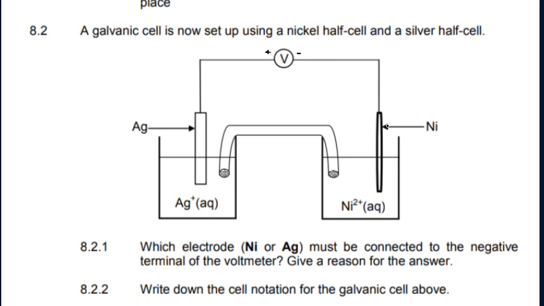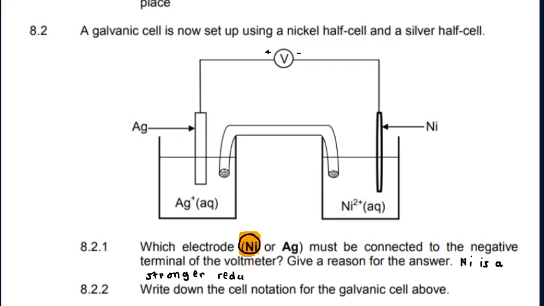Well, it has to be the nickel, because the nickel is the one that has to undergo oxidation. It does say give a reason for your answer, so you can give the reason that we stated when we went to table 4A: nickel is a stronger reducing agent.